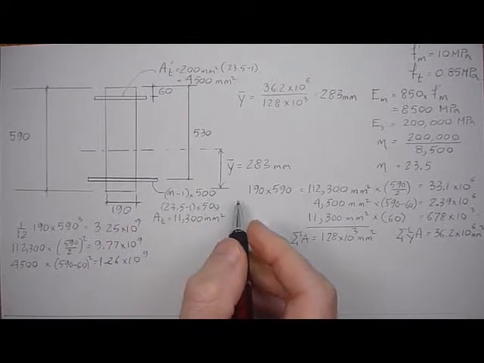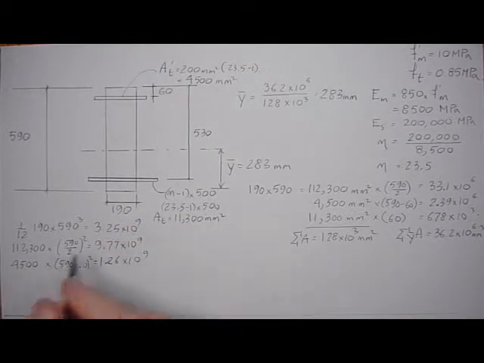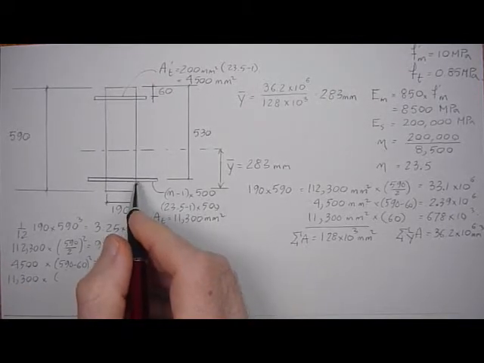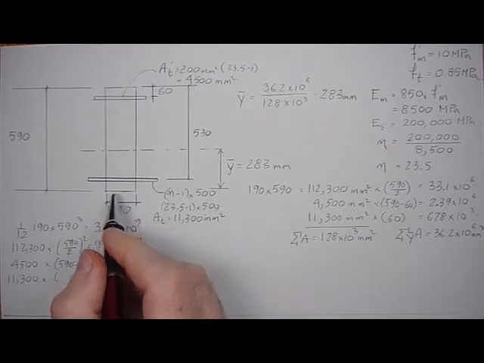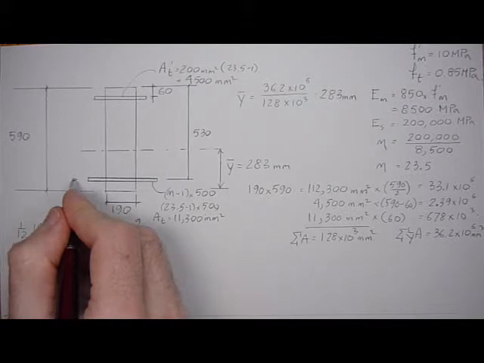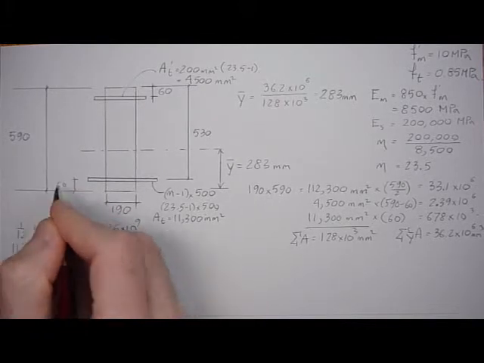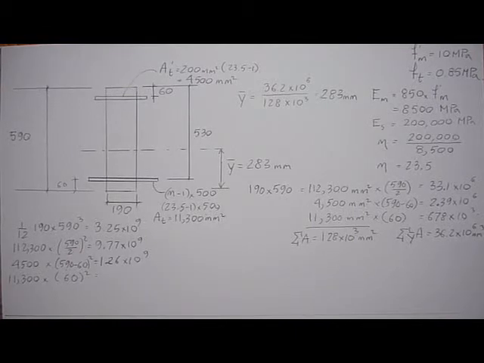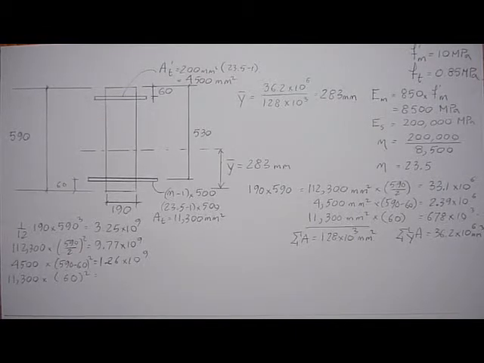And then the bottom steel, that's 11,300 times its distance to the base. So 530 minus 590. This distance is 60. So 60 squared is the d squared. So 11,300 times 60 squared, 40.7 e to the 6.